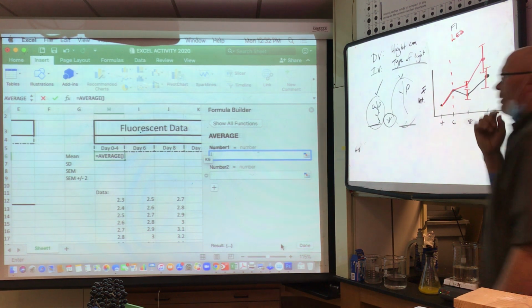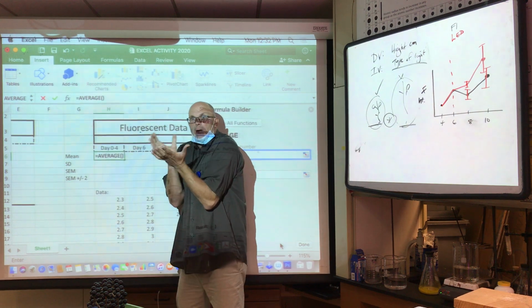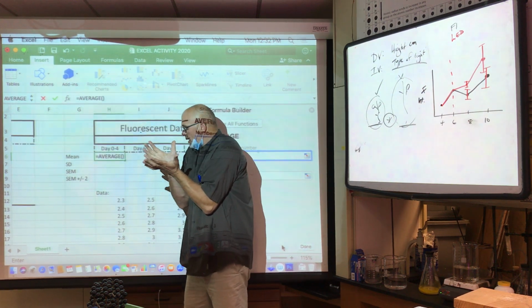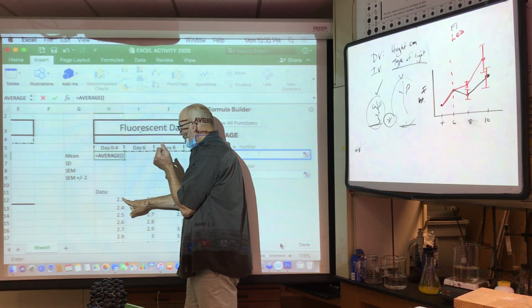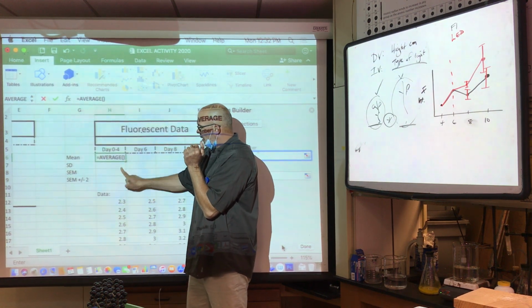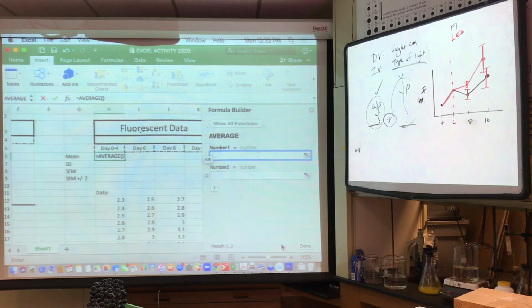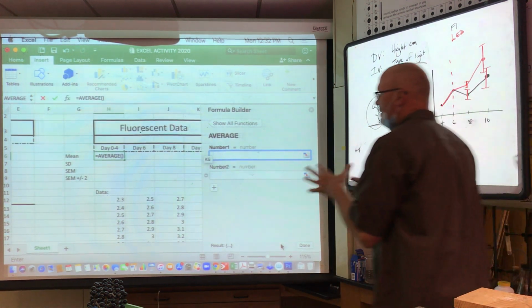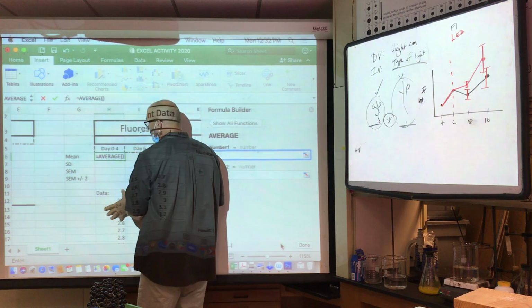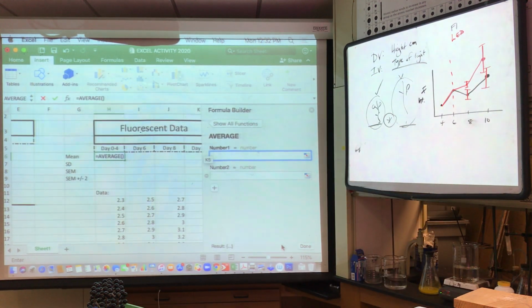Then we have these parentheses here. It wants to know what numbers you want to average. It's not that smart, so we want to take this entire range. Now you could type it in, but I think it's sometimes just easier to select it. Sometimes we select other things that are not part of the right range and errors can pop up, and I've certainly done that a couple times myself, so it's not a big deal.